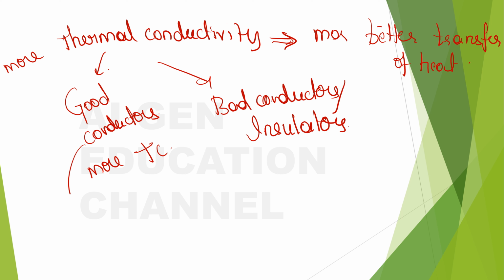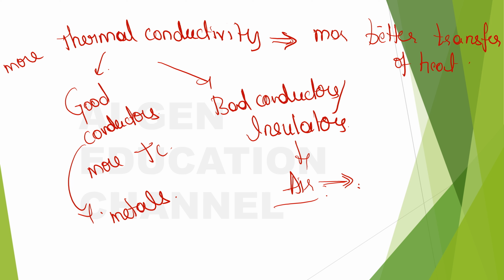So what are the examples of good conductors? Yes, you all know metals are examples of good conductors, right? And how about bad conductors? Air can be considered a classic example of insulators, and that is the very reason we use it in winter clothing to protect ourselves from the cold, right?